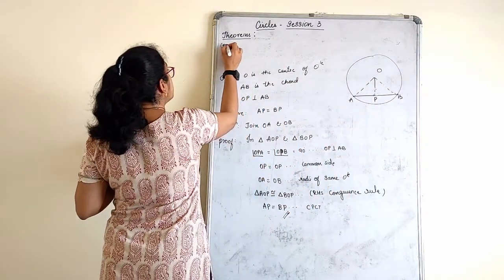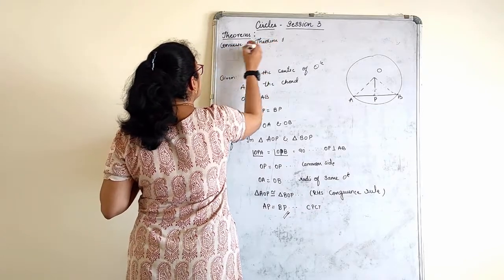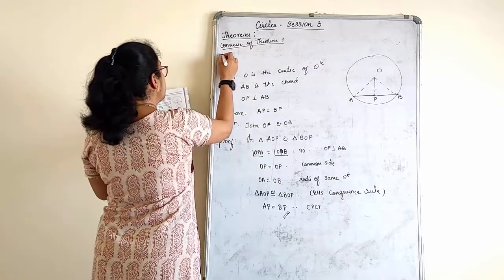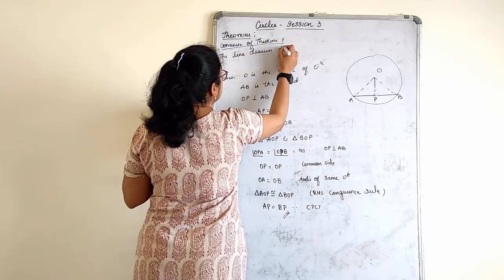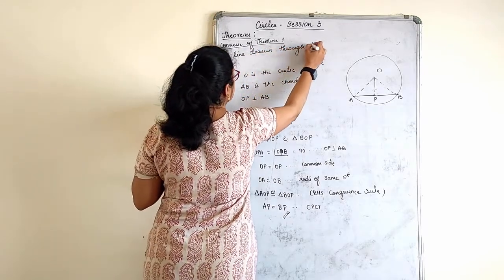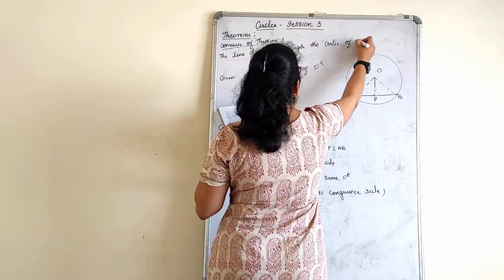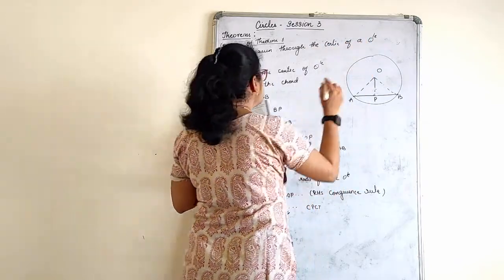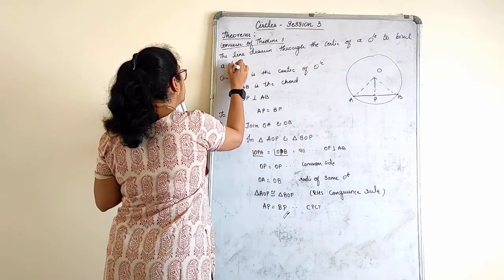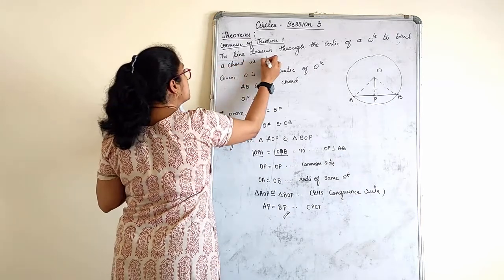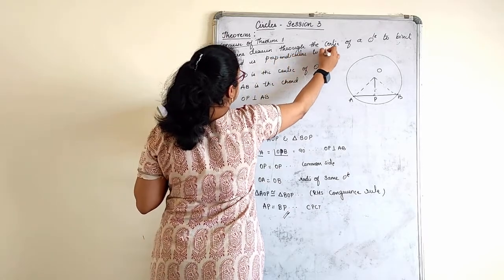So it is converse of theorem 1. Converse of theorem 1 tells us that the line drawn through the center of a circle to bisect a chord is perpendicular to the chord.